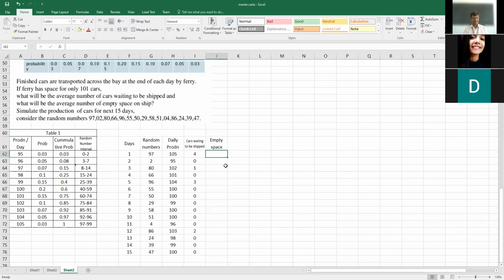How are we going to calculate this? That is based on again the capacity of the transporter. Here, 101 cars can be transported on a given day. If number of production is less than 101, then there will be some empty space in the vehicle to be shipped. Okay, so again we take this capacity as 101.